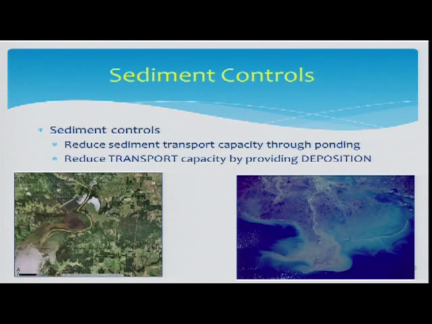Lower right corner, that's the Mississippi Delta. A lot of sedimentation occurring in the Mississippi Delta. Lower left corner is the north end of Lake Texoma where I fish. And that's been happening for a lot of years. In the mid-'80s, that was when we had all those floods and everything, carried a huge amount of sediment down there. And there was 20 foot of water there when I was a kid.